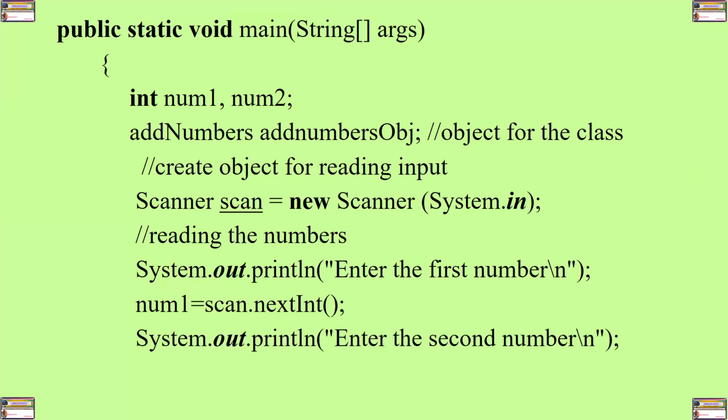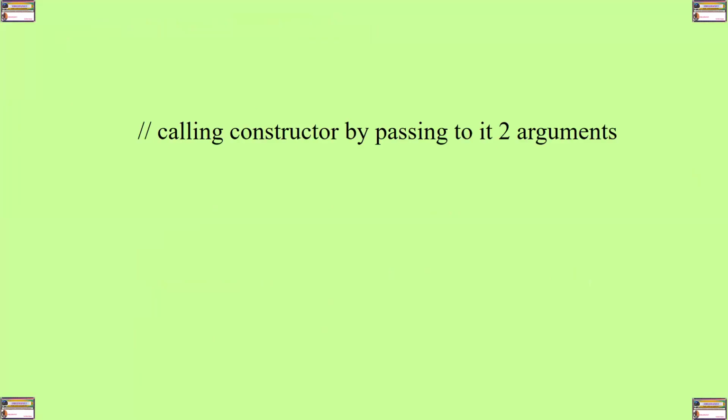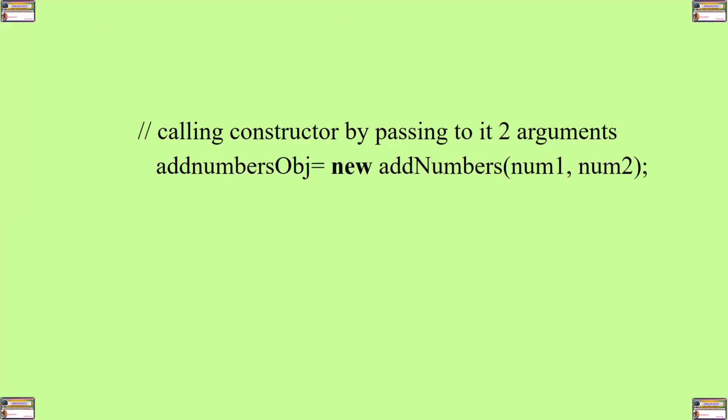We then request the user to enter the second number, and the user types in a value which is read by the method called nextInt through the object called scan, and the value is assigned in the memory location called num2. From there, we can invoke our constructor by passing to it the two arguments, that is num1 and num2.